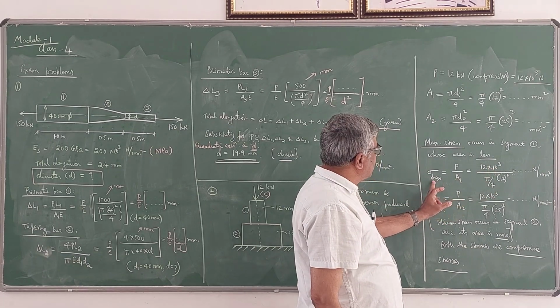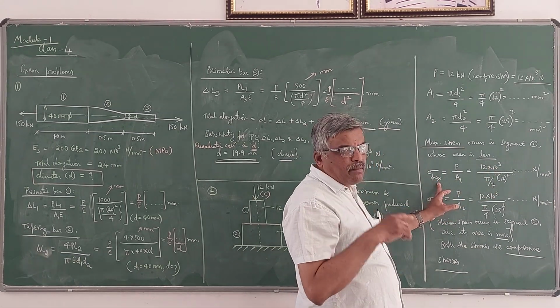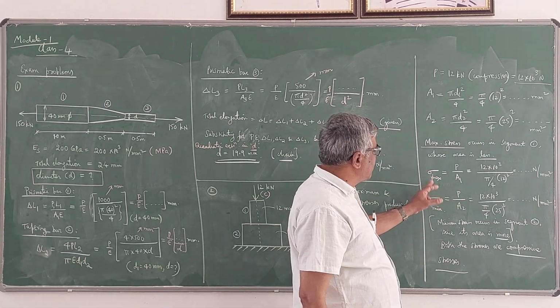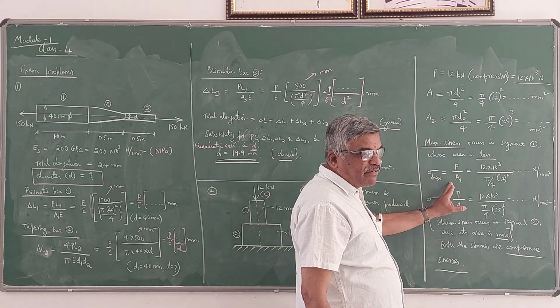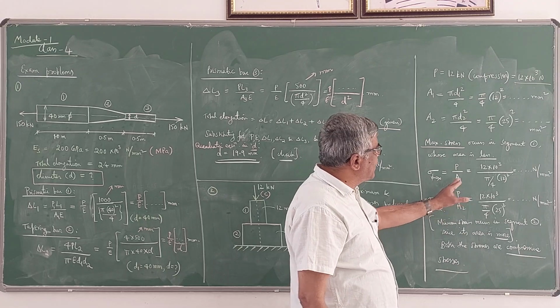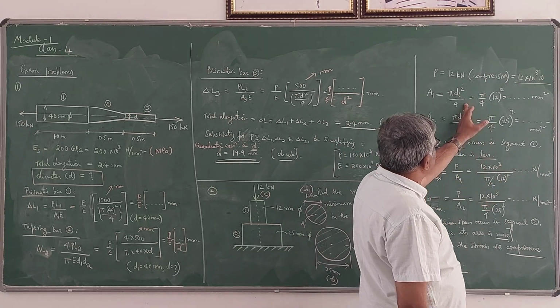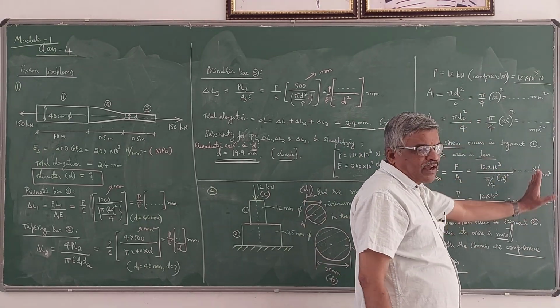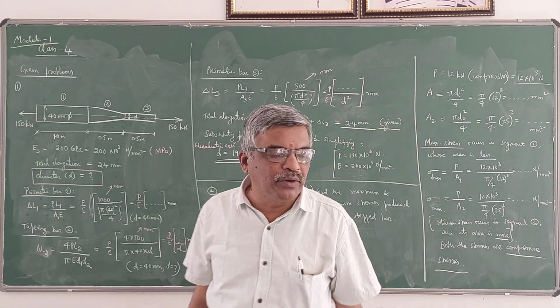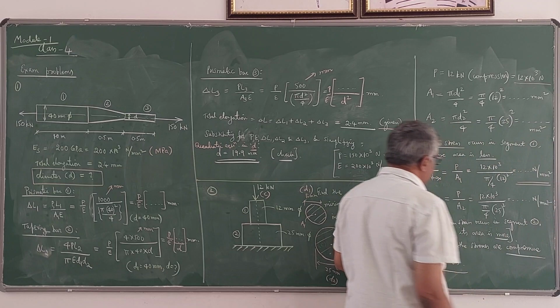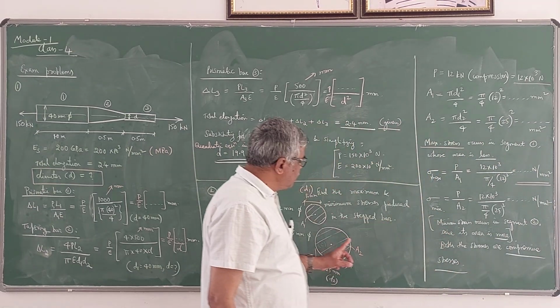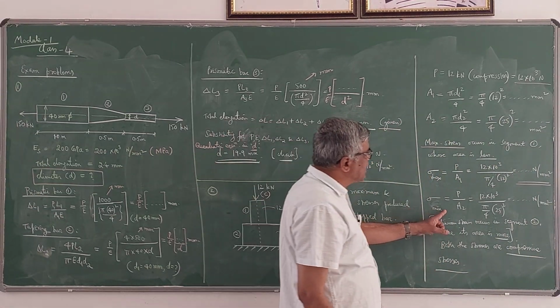So the maximum stress is given by sigma max. Sigma represents stress. Maximum stress is given by P by A1 here because A1 is less. P is 12 into 10 power 3, A1 is this value. Substitute and simplify, you will get the stress value in Newton per mm square. Similarly, minimum stress will be in the bottom segment where area is more.